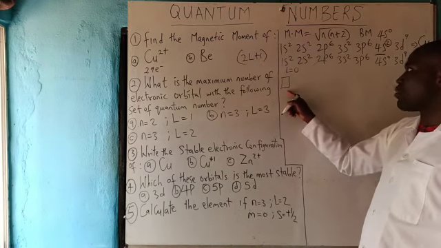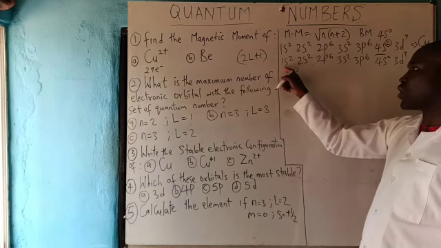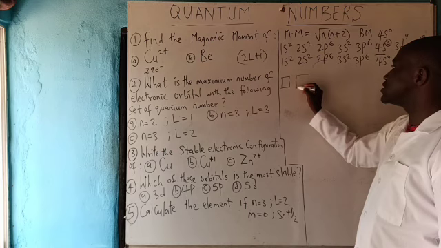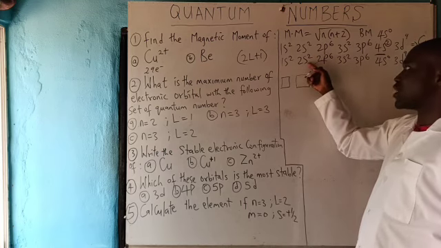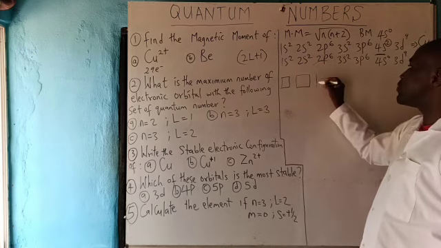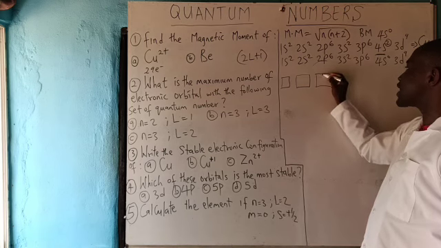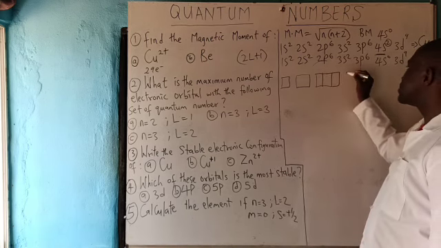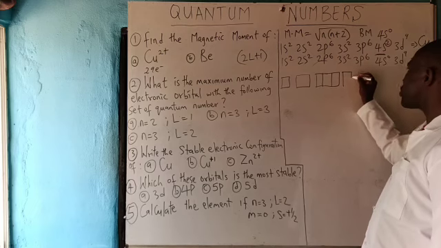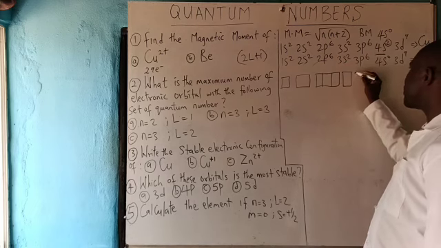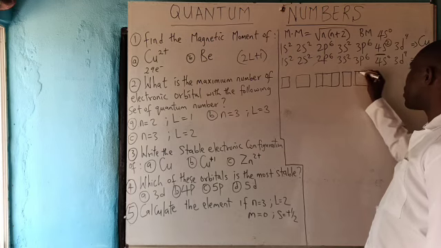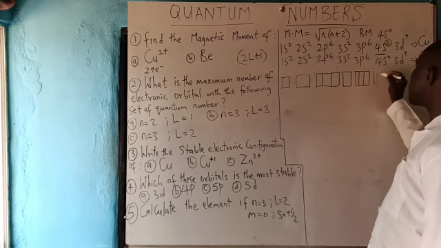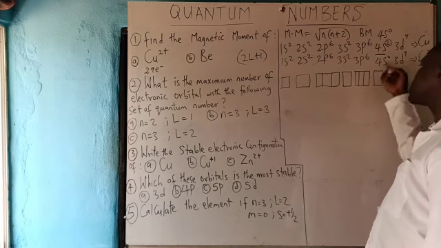So one orbital will be for this s. Then for this one, it is one orbital because it's still s. For the p, we say it is 3 orbitals. Then for this, one orbital because it is s. For this, 3 orbitals for the 3p.